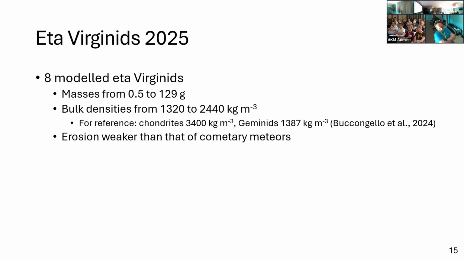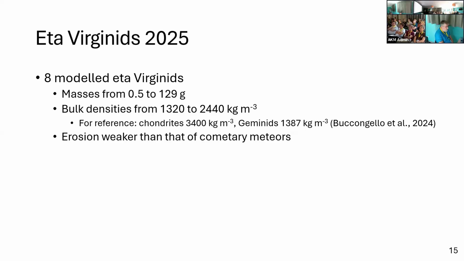And as I showed, the result of one of the previous works suggested that Eta Virginids may be asteroidal. So for reference, this is the bulk density of ordinary chondrites that we can find on the Earth. So Eta Virginids are most likely not the most compact material we know. But compared to Geminids, which are often called an asteroidal meteor shower, the Geminids are on the lower end of our interval.